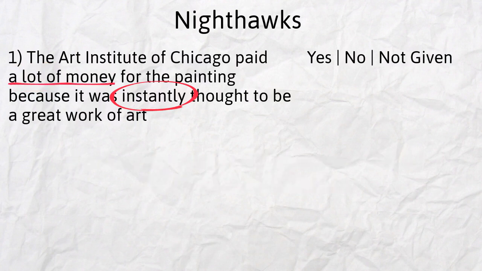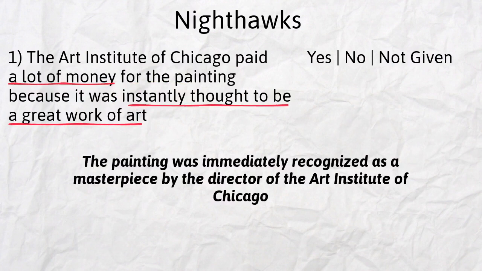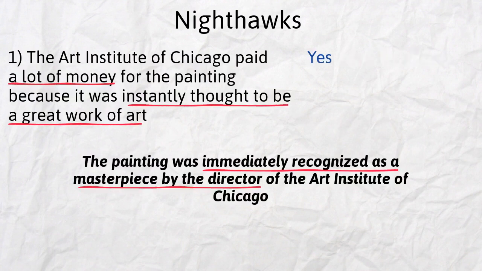Next, we can confirm that the painting was instantly thought to be a great work of art because the text states the director of the Art Institute immediately recognized it as a masterpiece. Since we could confirm that the key words in this statement were represented in the text, the answer is yes.